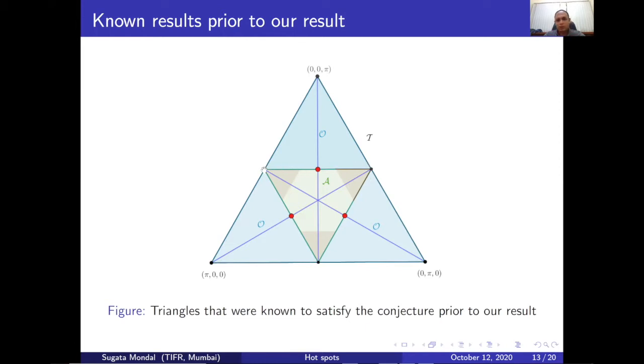Triangles on these were known to satisfy the conjecture due to the work of Miyamoto. And this darker grayish part in the acute region corresponds to acute triangles with at least one angle less than pi/6. Triangles in these two parts are known to satisfy the conjecture due to the work of Sugata.